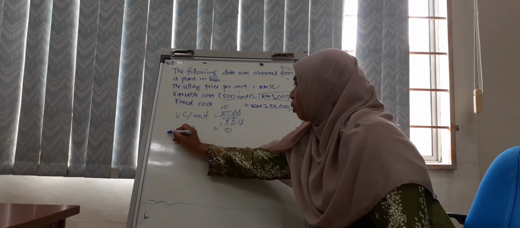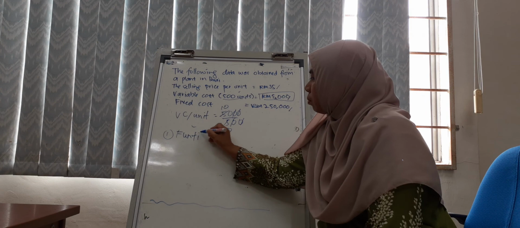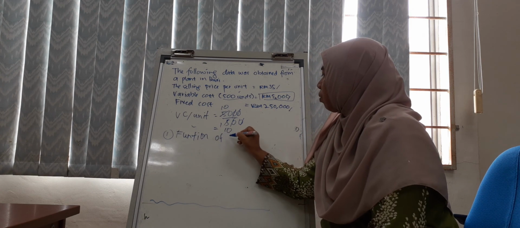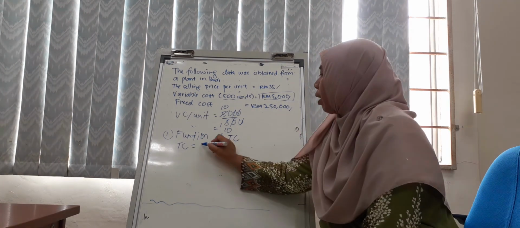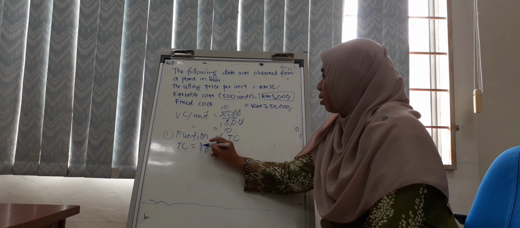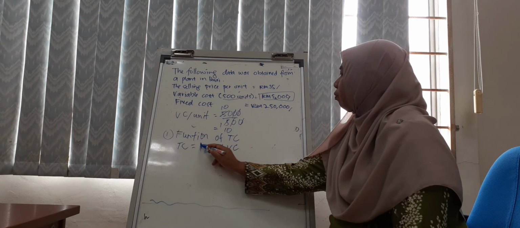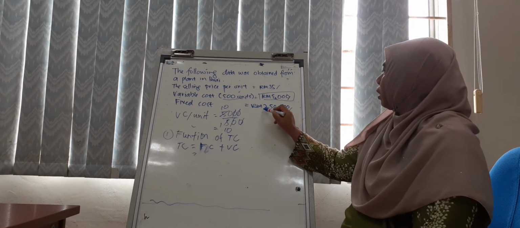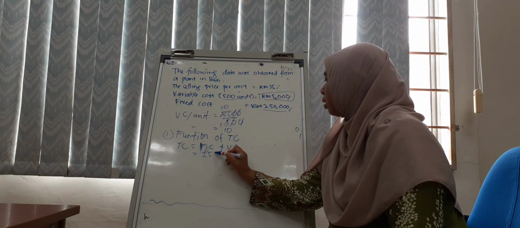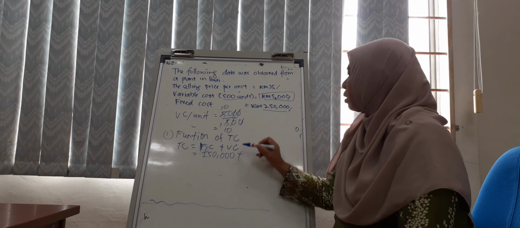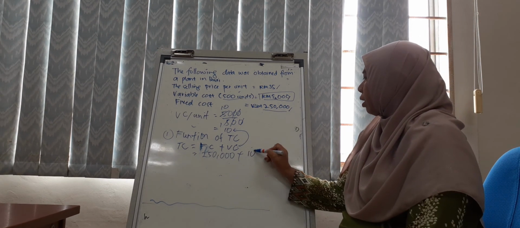Then you can calculate question 1, the function of total cost. So total cost equals fixed cost plus variable cost. In here, fixed cost you can just take out from here, 250,000, plus variable cost, which you take from here, 10 ringgit.